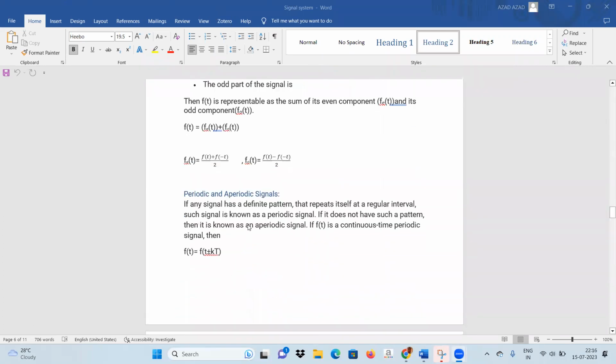Now come to periodic signals. Periodic signals are those signals which repeat themselves after a certain time. Here we can see f(t) is equal to f(t plus or minus kT).